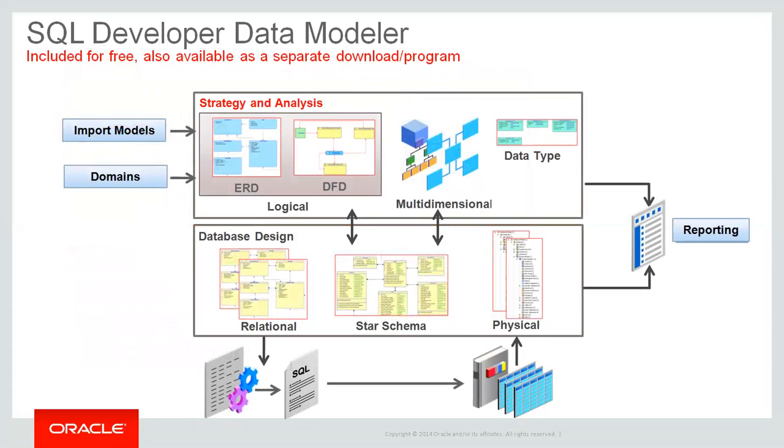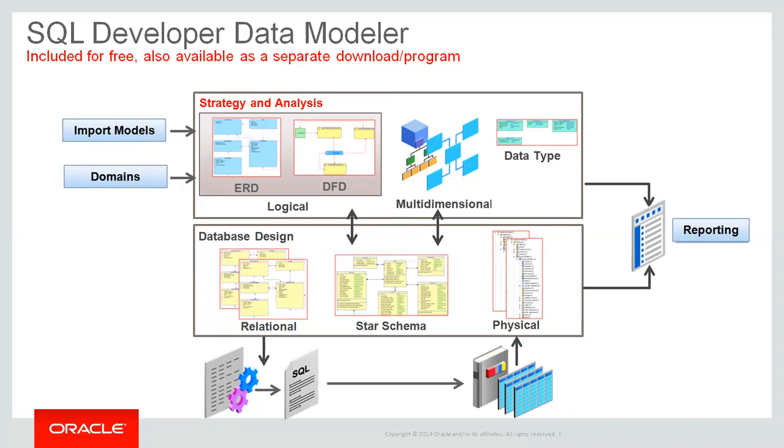If you've never seen the modeler before, this is not really an infographic, but it's kind of a picture of all the types of modeling we support. So logical designs, multidimensional modeling, data type designs, data flow diagrams, relational diagrams, data warehousing work. We also have a physical layer that we step into where you can define things like partitioning schemes and encryption and compression.